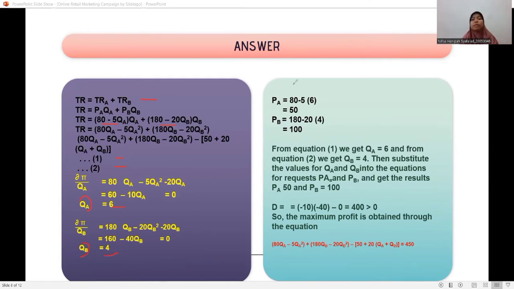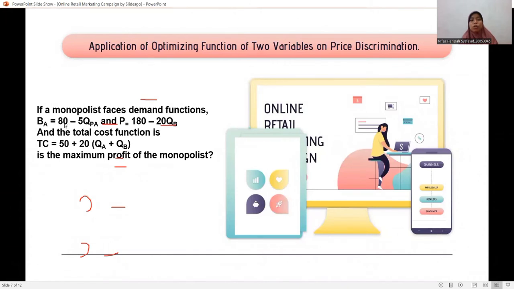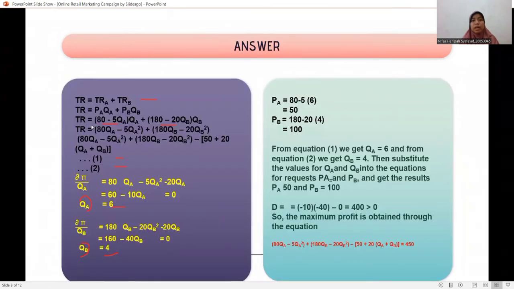Now after this we substitute into the equations. Here QA is 6, and we put QB, that is 4, here until we get the result: price A is 50 and price B is 100.